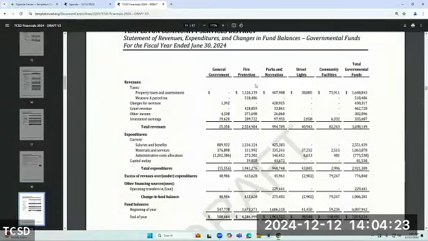The fire protection fund is totally separately broken out on this page, and this is the year under audit, last fiscal year 23-24, July 1st, 2023 through June 30th, 2024. You can see all the major activity in all the funds, but the fire fund is the one you're interested in.